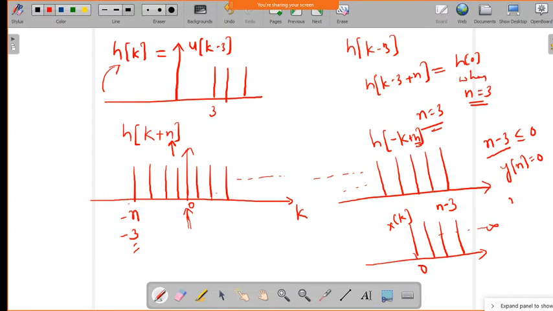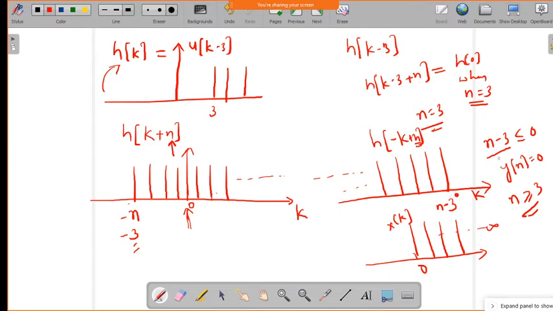And whenever n is greater than or equal to 3, you will get the signal value, that is the index k will become 0. Just substitute here the value of n. Since 3 units are shifted, whenever you take n equal to 3, it will become the 0th position.